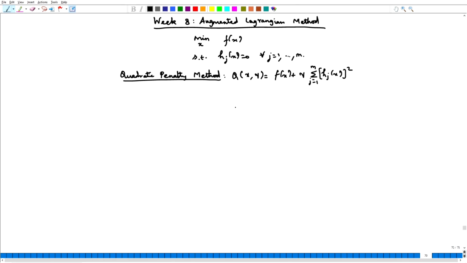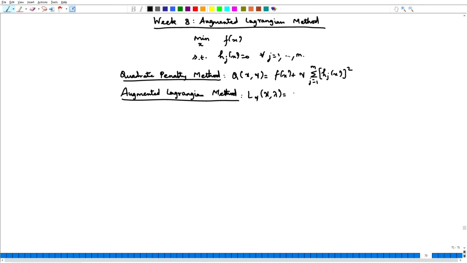In the augmented Lagrangian method, it is only going to be slightly different. What is it? We are going to define something called L gamma of x comma lambda, or, since I have written gamma here, I will just write it as L of x comma lambda.